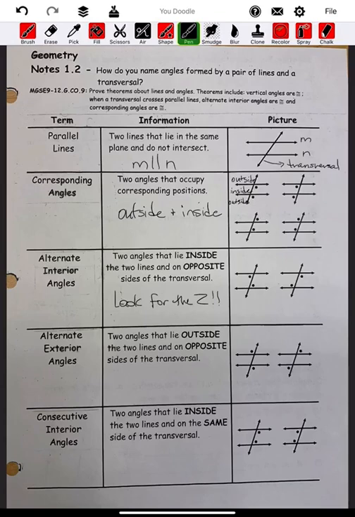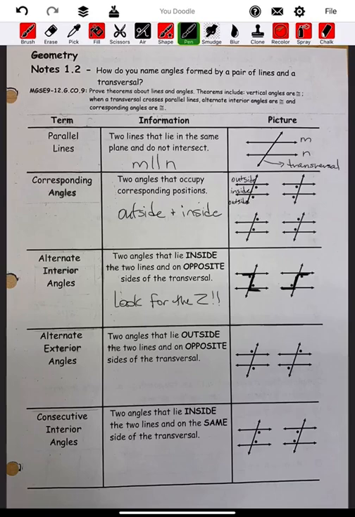The Z we're talking about is here. You see how they form a Z? And then you do the same thing over here. This time, one's on the right and one's on the left, but it still forms a Z. This time it's going to be backwards, or as we would say, inverted. Okay, so those are the Z's that we were talking about, looking for the Z.